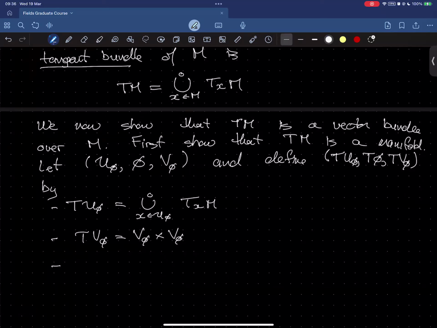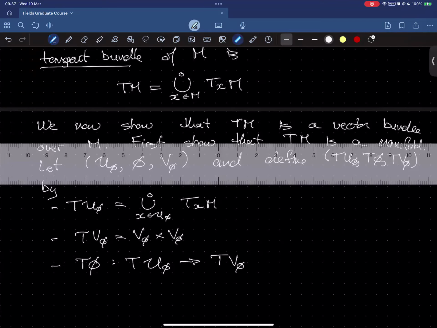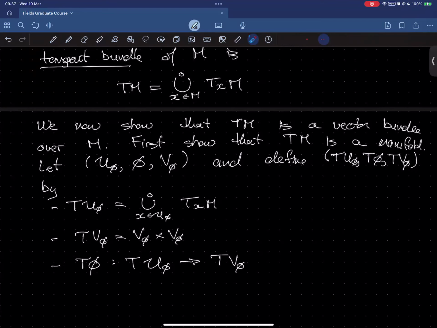Okay. All right. So Tφ. Okay, so it's going to map TU_φ into TV_φ. All right, so what's it going to do? It's going to take a tangent vector at some point x in U_φ, because that's what this is.